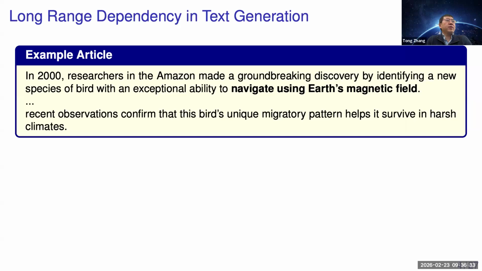This is just a quick example. Say you have an article, and the first sentence introduces something important, say navigating using Earth's magnetic field, which is probably important for the context. But as the article goes on and on, at some point you want to generate a continuation. An RNN tends to forget these very early things, and when it does the completion, it only looks at the more recent text.